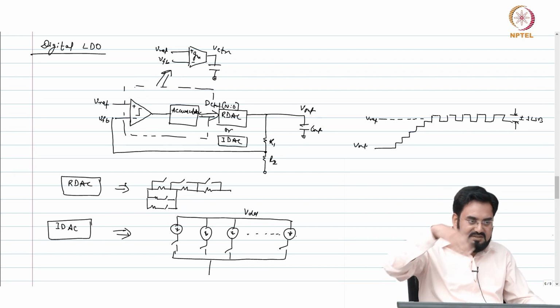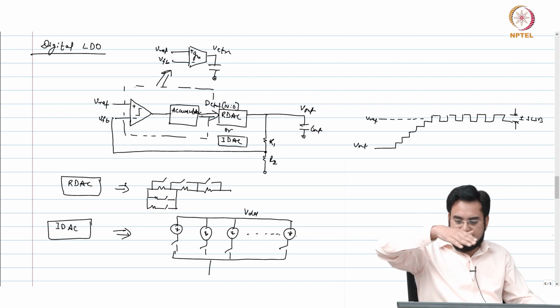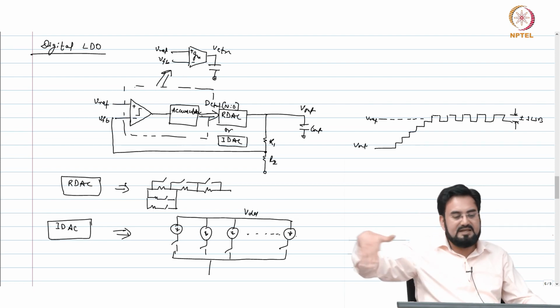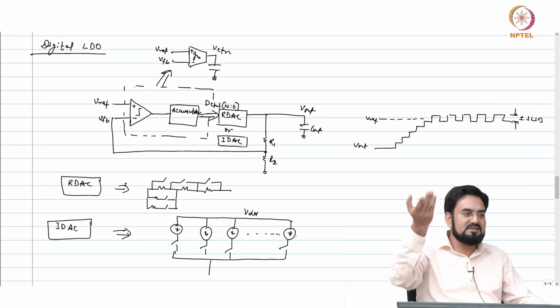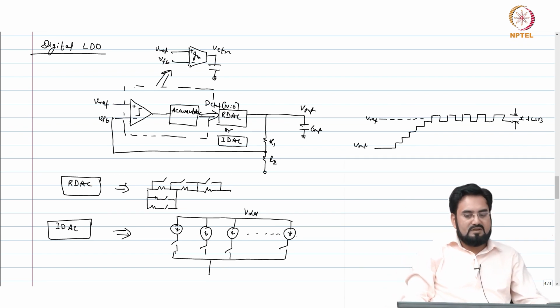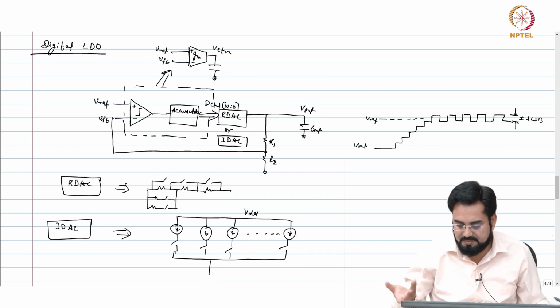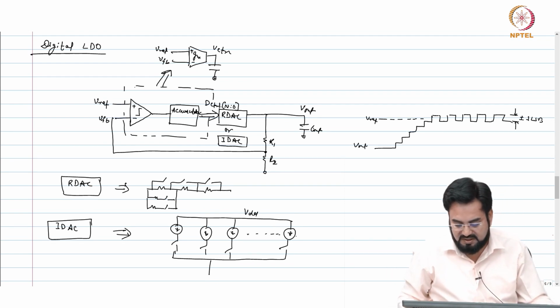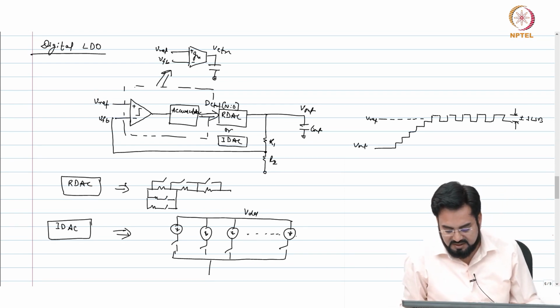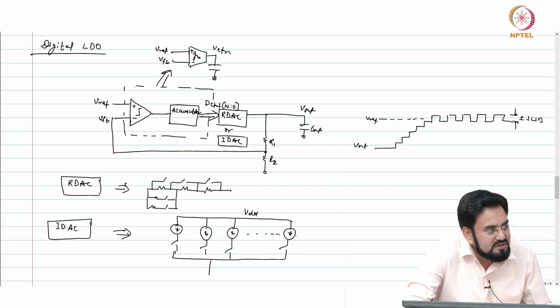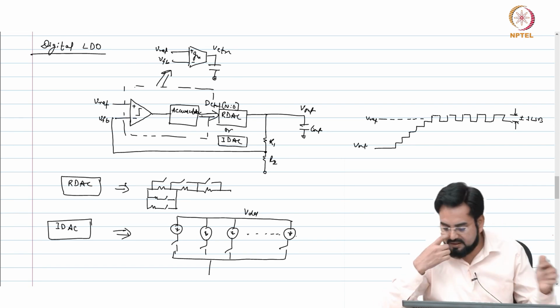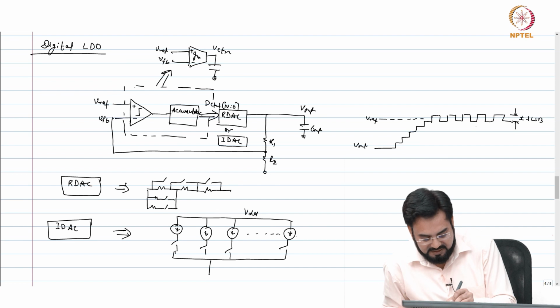Or if it is moving around mid code, let us say around the middle, then the average may lie exactly at Vref, but you will still see a plus minus 1 LSB. So this can be plus 1 LSB or minus 1 LSB depending upon where it settles. This ripple can only be reduced by increasing your resolution, and this is called limit cycle.